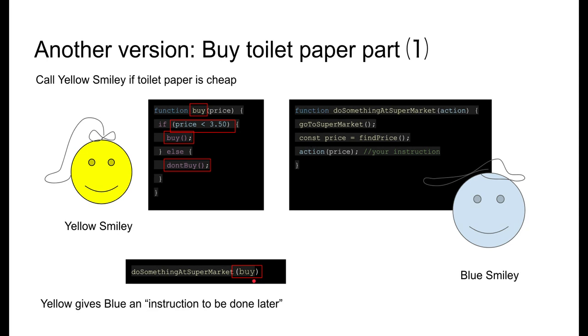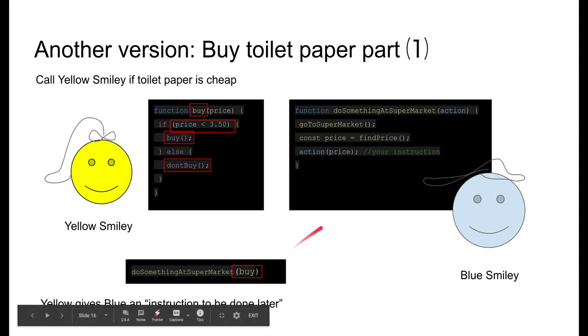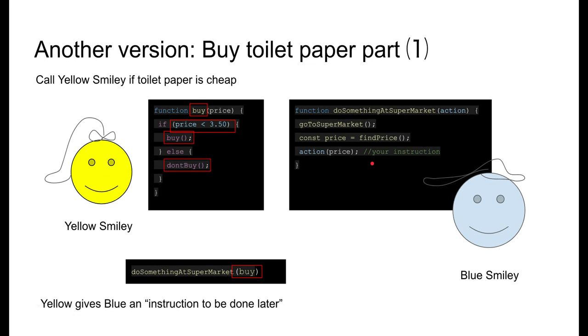Notice how the function for do something at supermarket here hasn't changed one bit. All this function is going to do is take in whatever the instruction or callback it receives through action, and it invokes it whenever it is called, which is, in our case, right after Blue Smiley finds out the price.